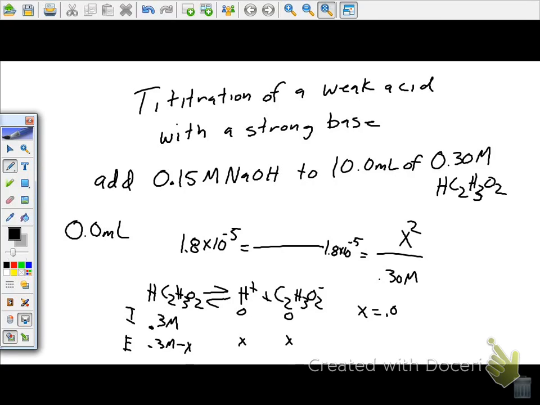You take a negative 0.0023. Then you go ahead and take the minus log of 0.0023. And that's your pH. And your pH to begin with is 2.63. Any questions on that? So that's something that we've done. Questions?